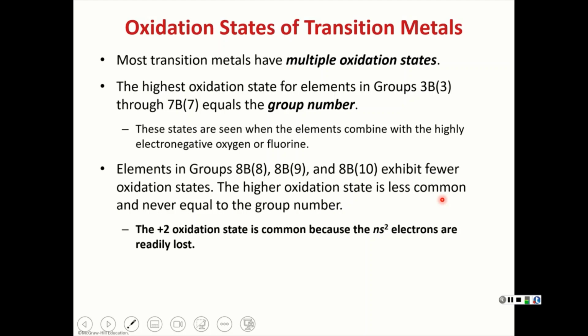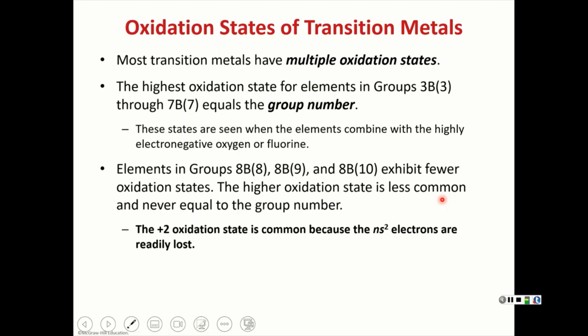For example, a main group metal in the first column will have an oxidation state of +1, because it wants to get rid of 1 electron to get a noble gas configuration. Likewise, if it's in the second column, it wants to give up 2 electrons to get a noble gas configuration. Transition elements aren't really like that.